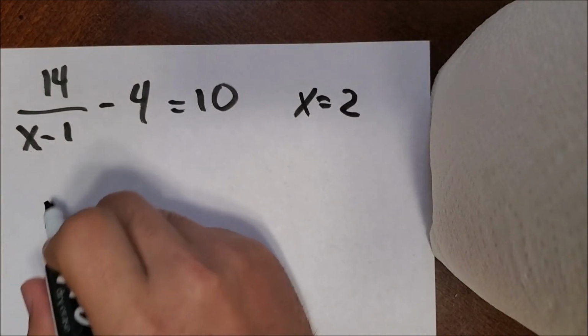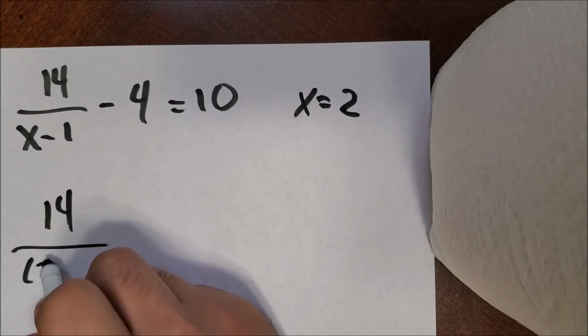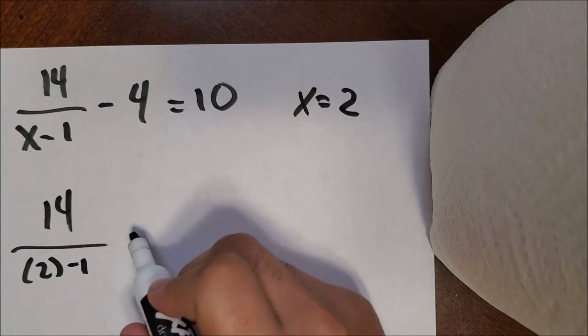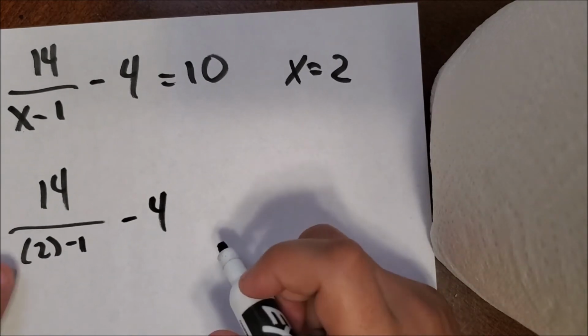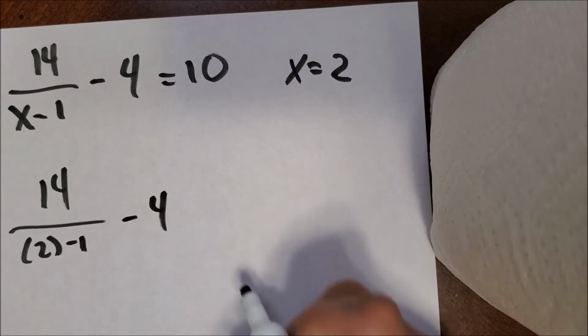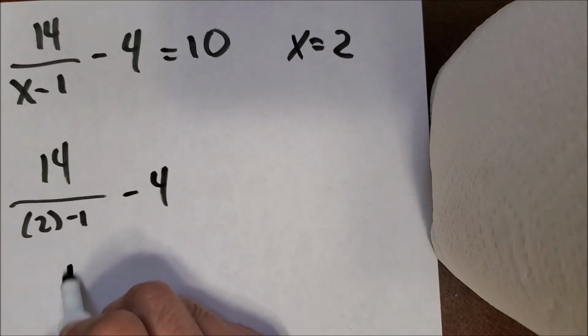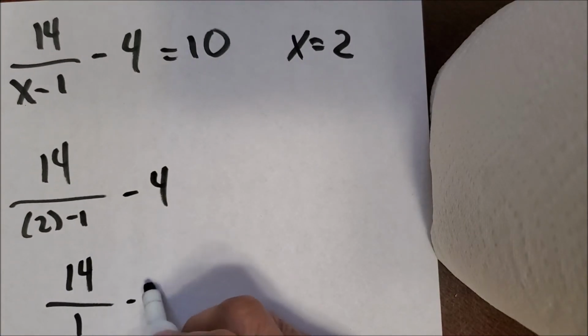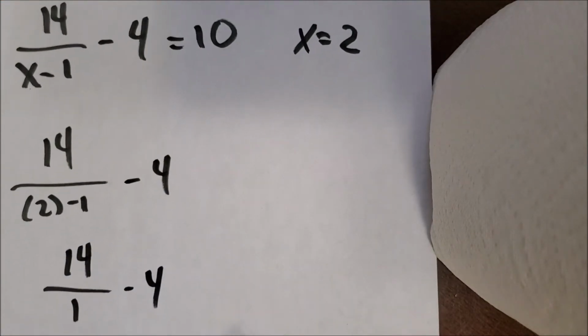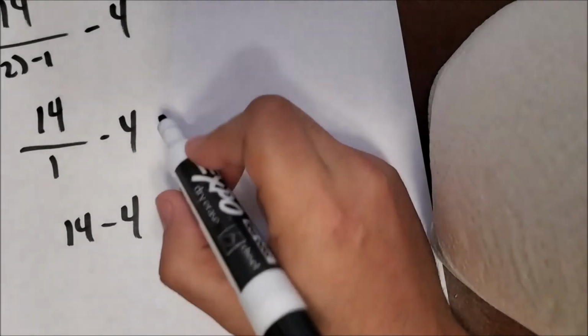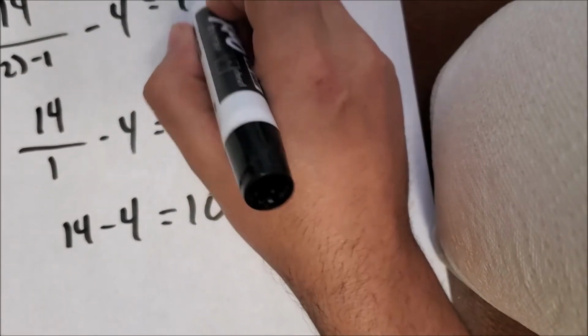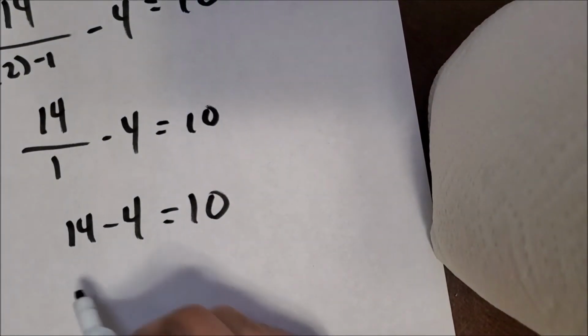We get 14 over 2 minus 1, minus 4. 2 minus 1 is just 1. So this is 14 over 1 minus 4. 14 over 1 is just 14. So that's 14 minus 4, which equals 10. And this whole time we're just trying to say, does this equal 10? Well, yes, it does. 10 equals 10. We're good.